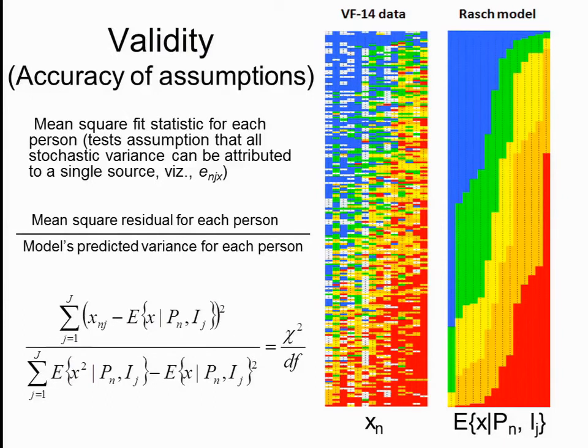And we produce a ratio of the mean square residual to the expected, predicted variance. And since we're using a Gaussian distribution for the error, we expect these residuals to be distributed as chi-square over its degrees of freedom. That's just a property of this equation.